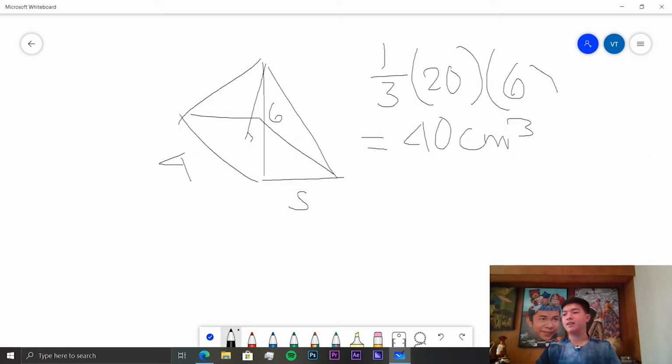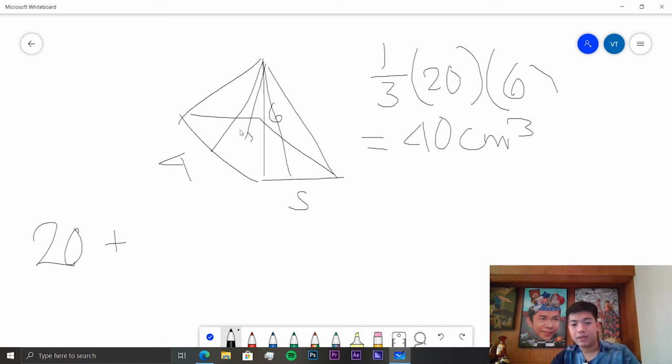Now, what's the surface area like? This gets a bit tricky. In this case, we might have to manually calculate it using some Pythagoras. If we look at the shape in depth, we can split it into some triangles, but we need to know the lengths of these two lines. First, the base is clearly 20 centimeters.